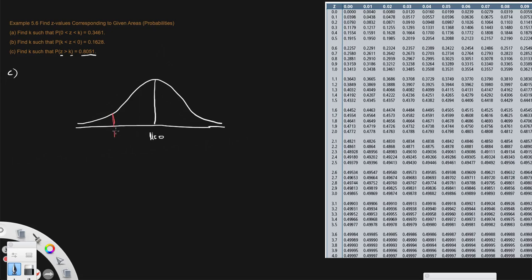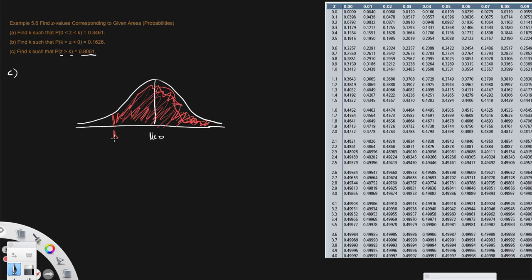So if this is your k and your Z is greater than k and is equal to 0.8, then you can see that it covers about 80% of the curve. I hope that makes sense, because they're telling you that Z is greater than this limit.